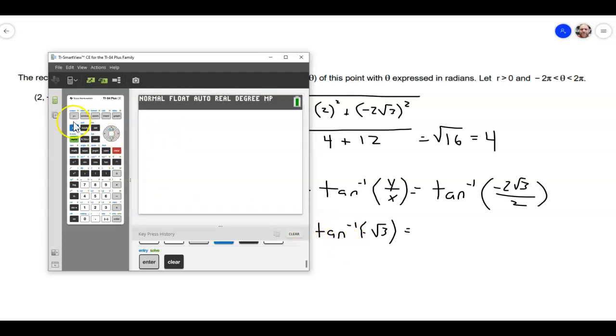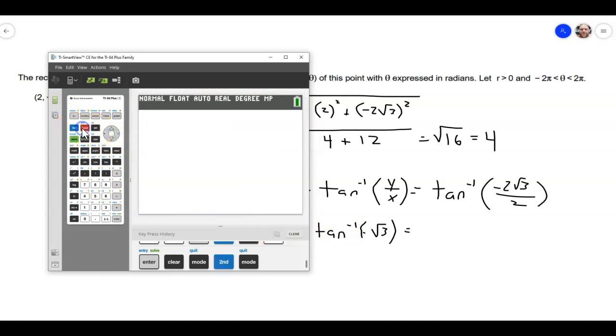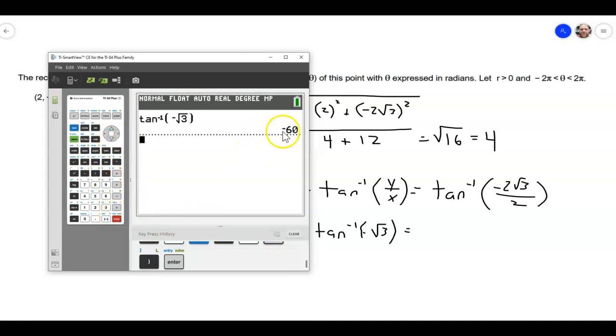If I go over to mode, I am in degrees, and then I just do the inverse tangent of negative secant root 3. That's going to give me negative 60.